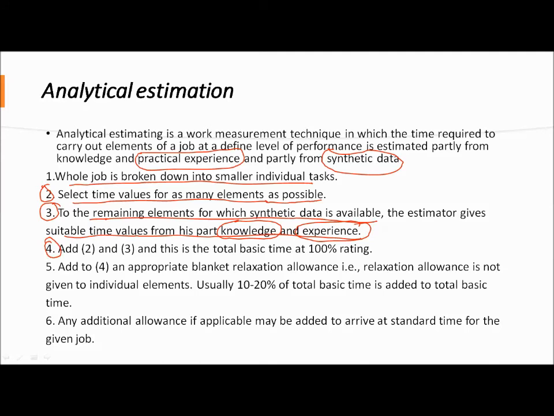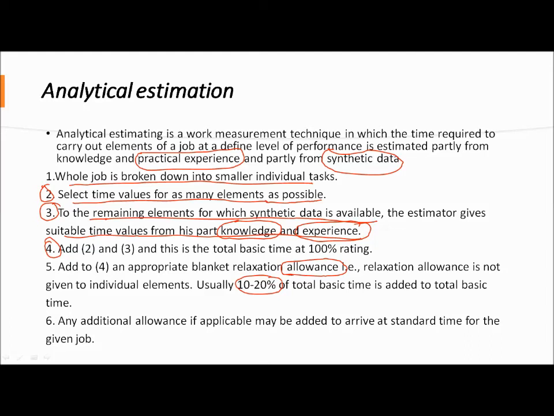So that is the 4 steps which are involved, and after that what is left is the allowances. So the allowances are also supposed to be given. So that is the 5th step. Usually you don't give individual allowances, you give a total allowance of say 10 to 20% of the total basic time.